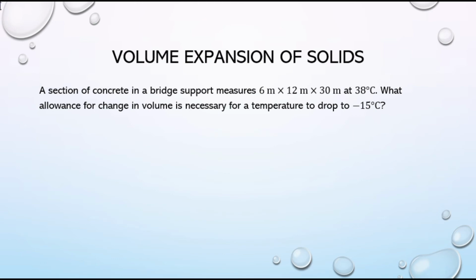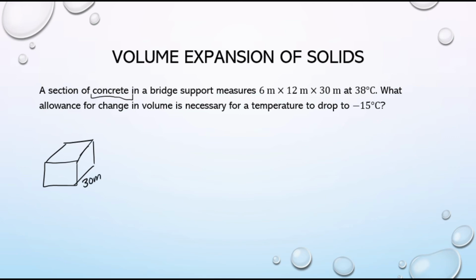The last shape that we can expand or contract is something that has 3 dimensions, so that requires volume expansion. So let's look at this one. So we have concrete as our material. We're working in metric, and we have 3 dimensions, so I'm just going to assume that we're talking about a block here, a rectangular prism, and not to scale at all.